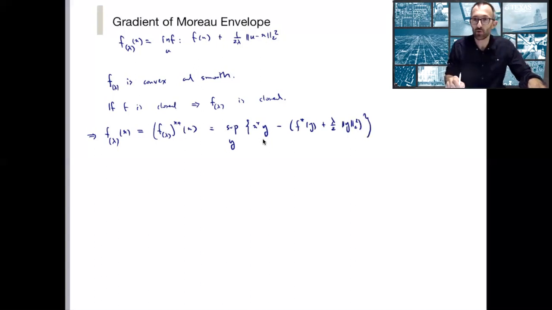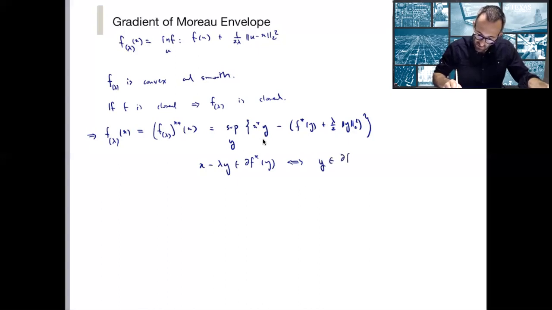And taking the derivative of this to see what is an optimizer of the supremum, we find that x minus lambda y is an element of the subdifferential of f star of y if and only if, again using the inverse property of the gradient or subdifferential of the dual, y is an element of the subdifferential of f at x minus lambda y. By strong convexity of the dual, we know that the maximizer is unique.